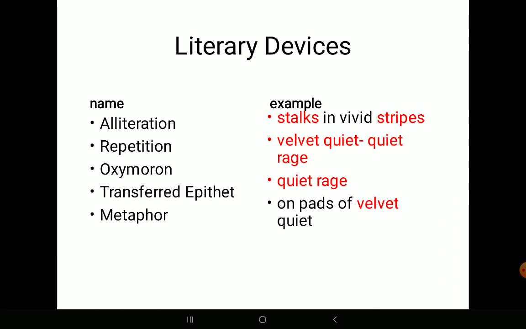Then repetition: velvet quiet and quiet rage. Oxymoron, I told you, quiet rage, where two contrasting words have been used to express one idea. And transferred epithet, where an adjective is transferred to another word, and metaphor, where some words are used for comparison.